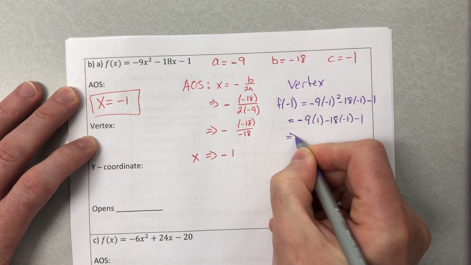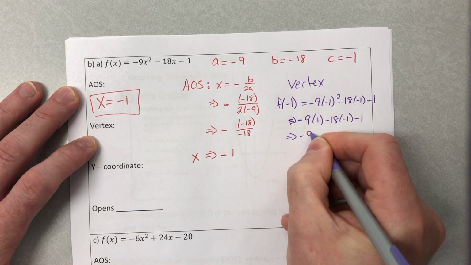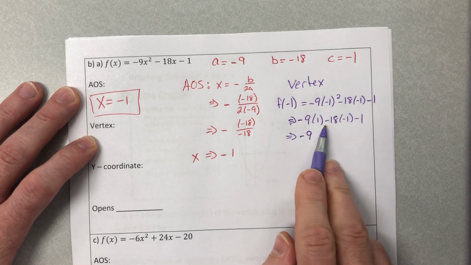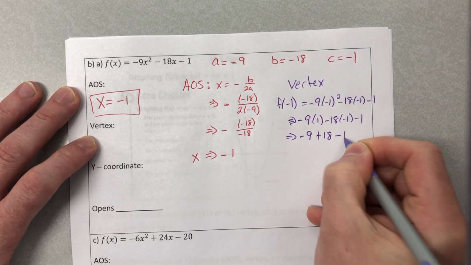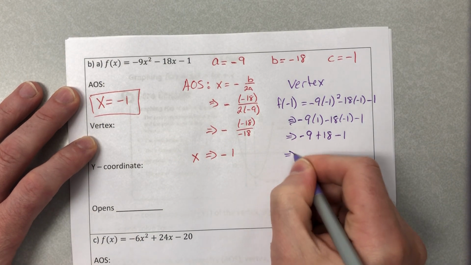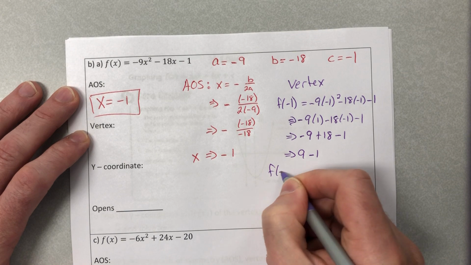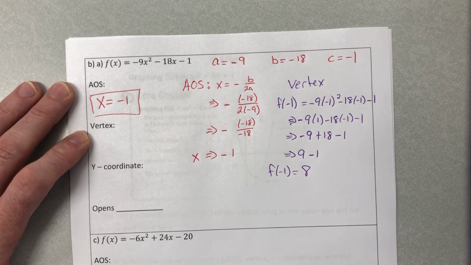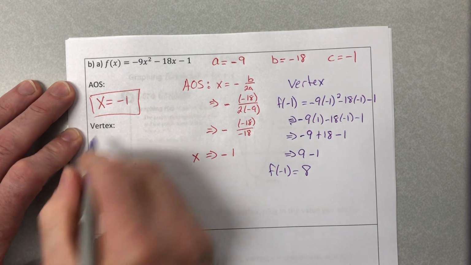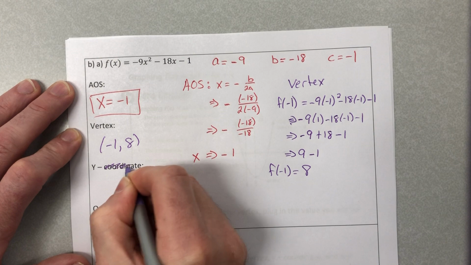Now we're going to do our multiplication. Negative 9 times 1 is negative 9. Negative 18 times negative 1 is positive 18, minus 1. So we'll have 9 minus 1. So our y-coordinate of our vertex is 8. So our vertex here is negative 1, 8.